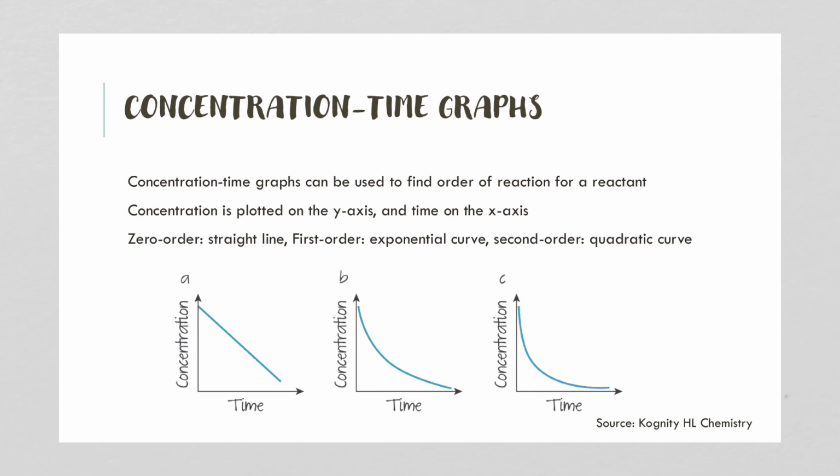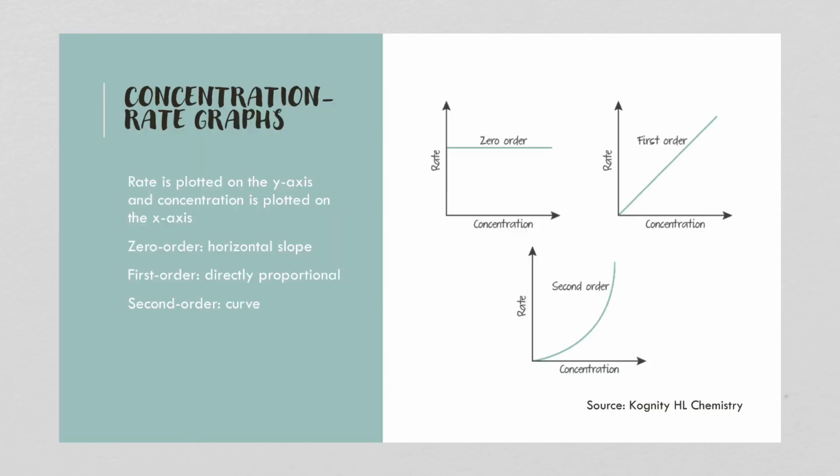So if you were interested in determining the order of reaction that way, you could do a whole bunch of reactions with different concentrations, plot that over time, and then see the shape of the curve and infer that way. You can also plot concentration rate graphs.